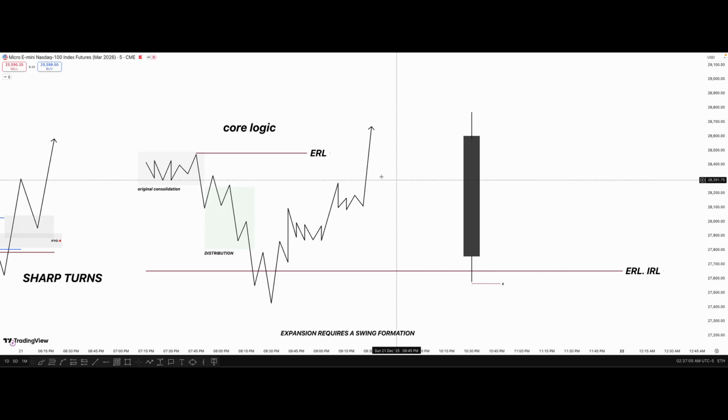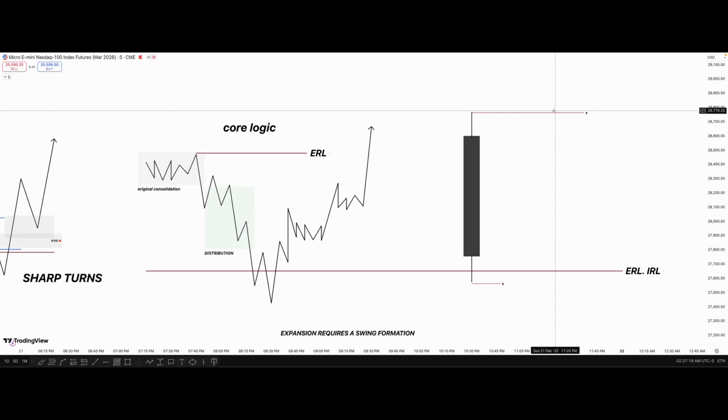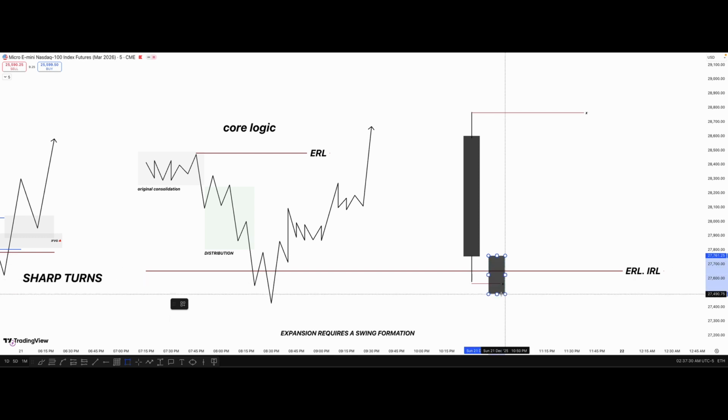Suppose this was the original consolidation level, right? So when the price broke down the low, which is the price distributed low, it created a high as well, right? So this high is your ERL again, right? So when the price comes and takes down this low, the price will open, it will create a low, right?